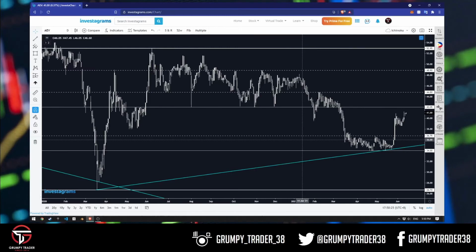Kahit isang pirasong candle lang, pwede mo naman lagyan niya ng support and resistance. I'm not saying it's gonna be effective, but you can. Okay? It gives you something to work with. And as I said, since it's static, meaning it's fixed, my plans can stay intact most of the time. Okay? Does it mean that you might eventually miss out on some trades?